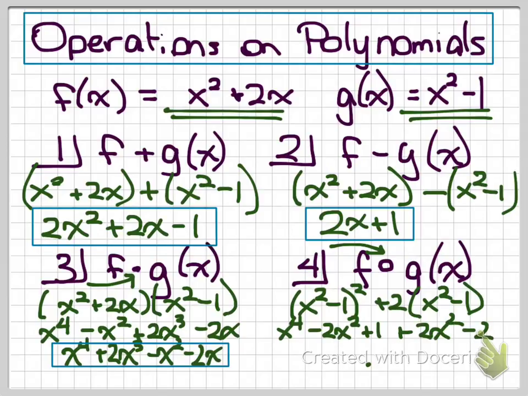And finally, when we combine like terms, x to the 4th, notice the 2x squared and our x squared are going to cancel out, and we're going to have minus 1. And let's just put a box around that. There we go. Off the screen.